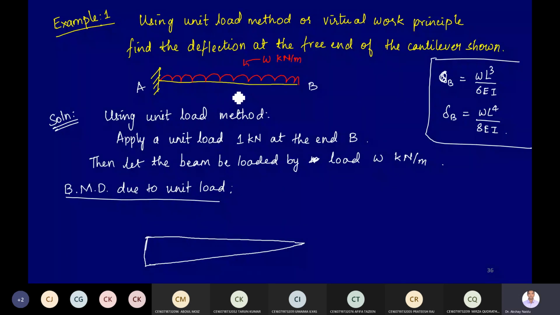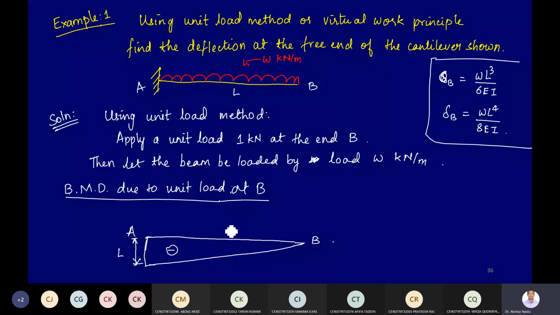This is L. So 1 times L, you will get L kilonewton meter here.